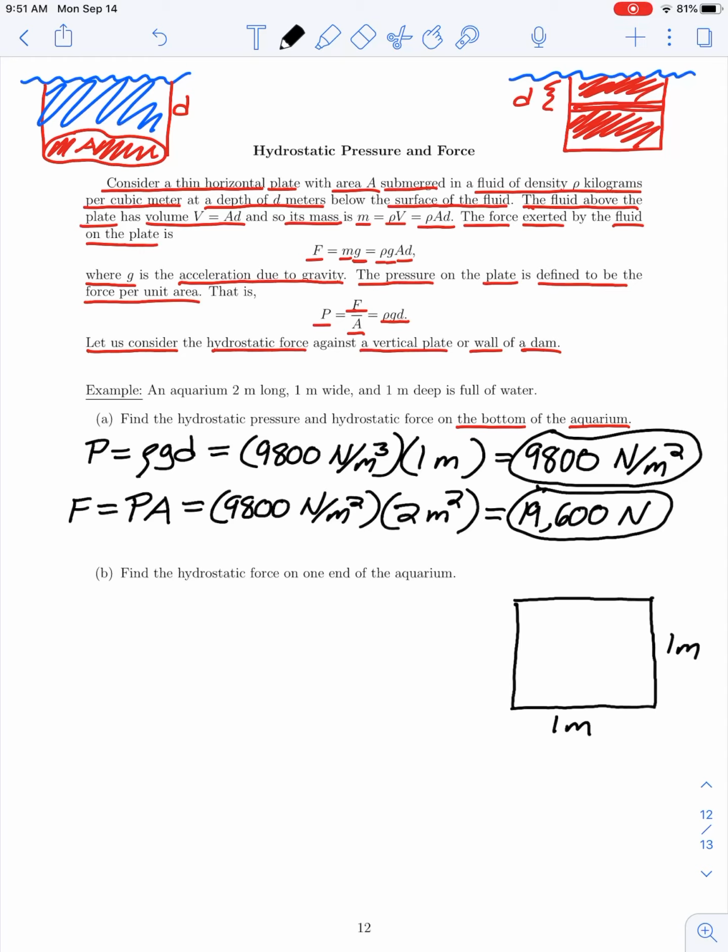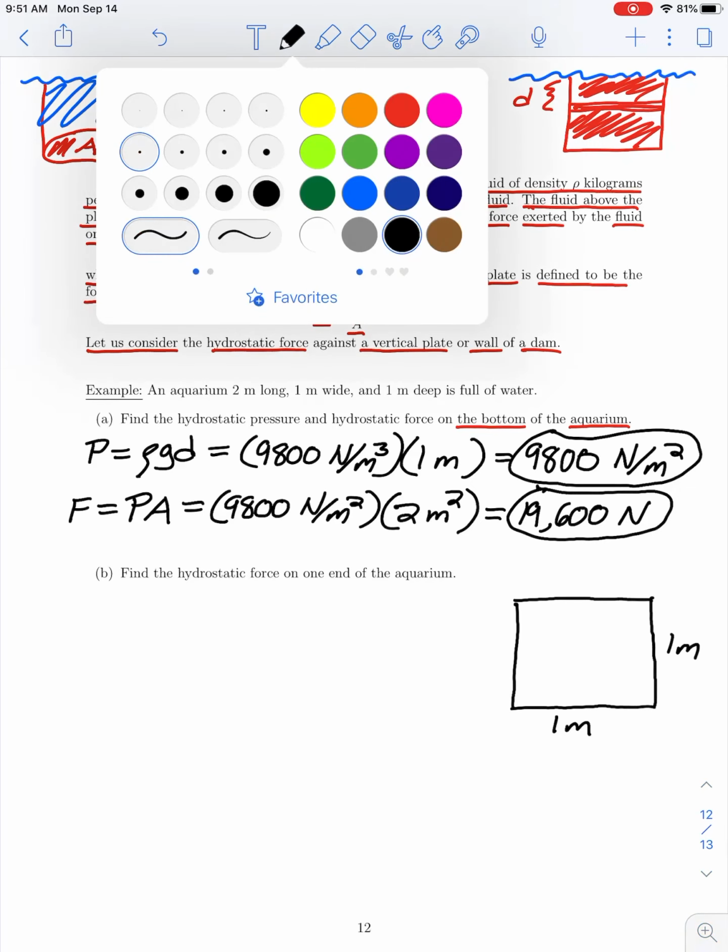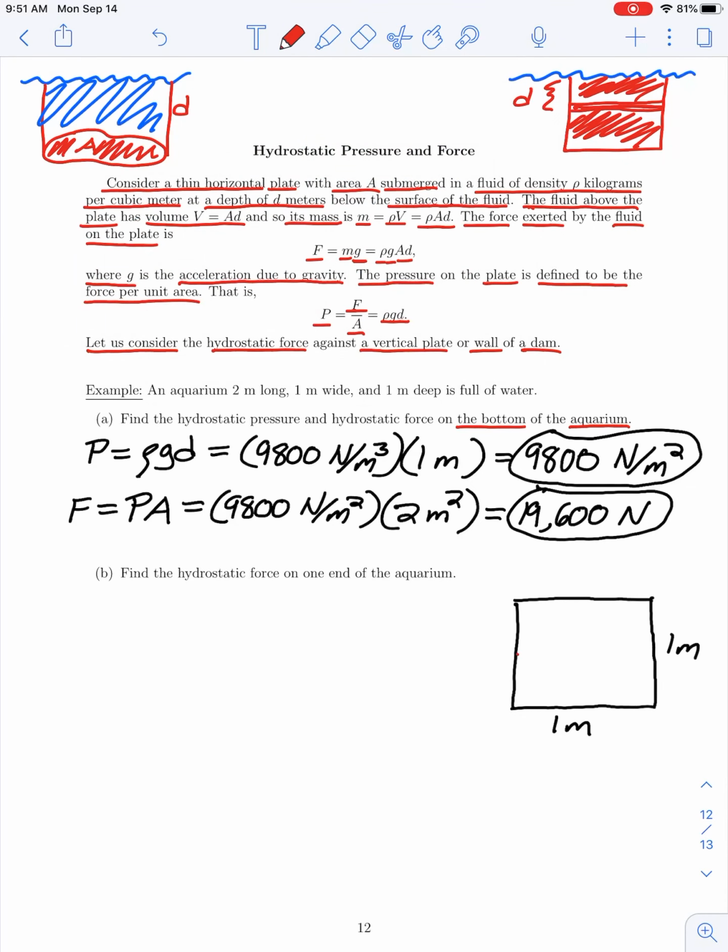So let's try considering a slice or some segment of one end of my trough of a thin width dx submerged at a depth of x meters from the surface of the liquid, which would be the top edge of our tank.